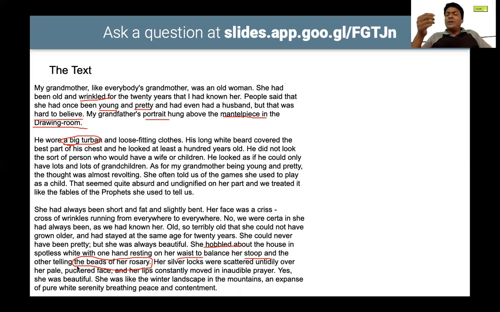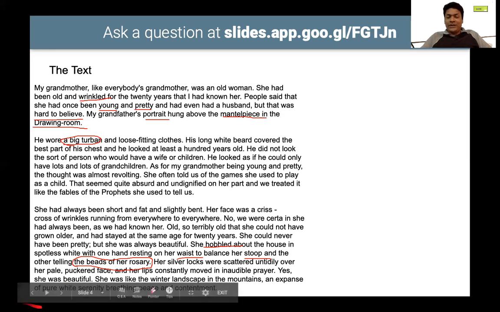A rosary is a kind of chain, with small round stone beads connected one to another, right? Every time, old men and old women used to chant using that rosary. In Hindi we can say japna, mala japna, right?